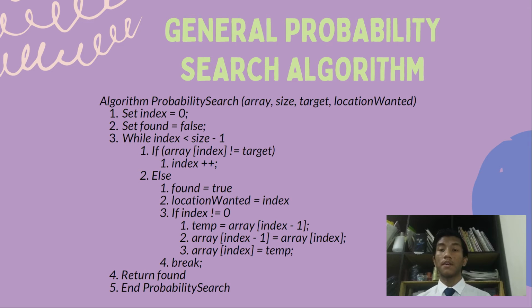If the target is in the current location, the target location will be stored inside a temp variable and the program will return found. Thus, the process of searching is completed.